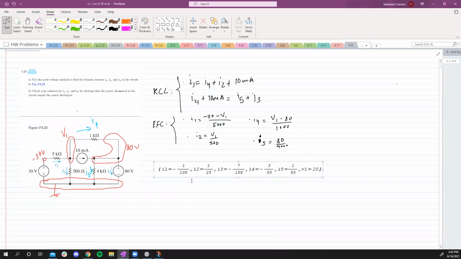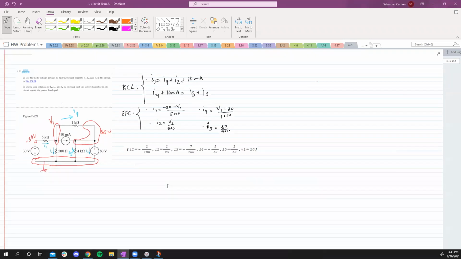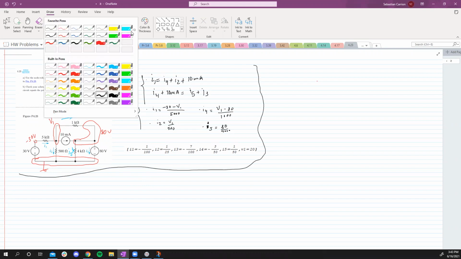Okay, so now we have to verify the power dissipation being equal to the power developed. Right, so we have all the space here.